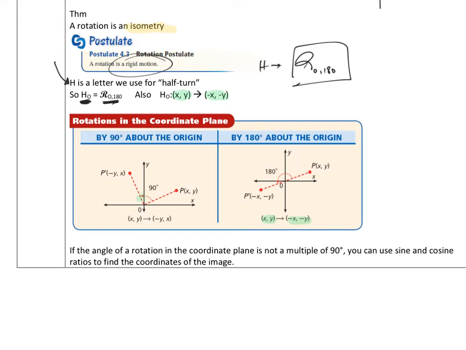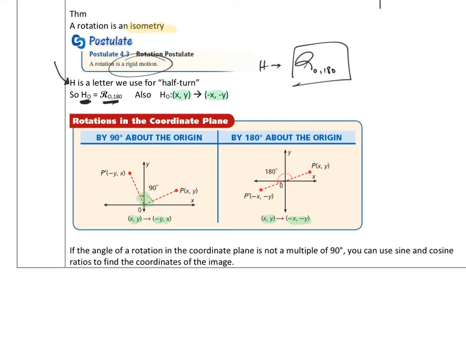And if you do a 90-degree rotation, x, y maps to negative y, x. So they flip and the y becomes the opposite. So if you do 180, you get negative x, negative y. And if you do 90, then you'll get negative y, x as your new coordinate.